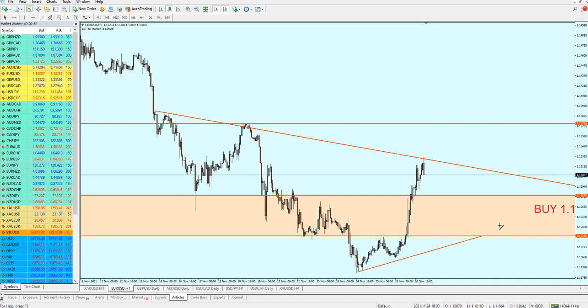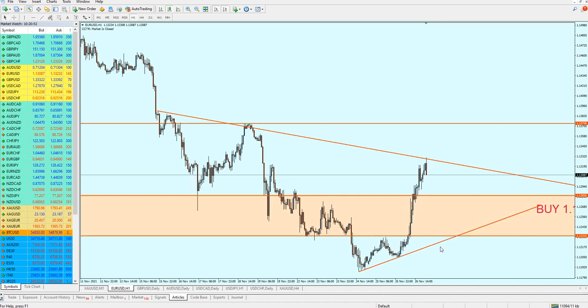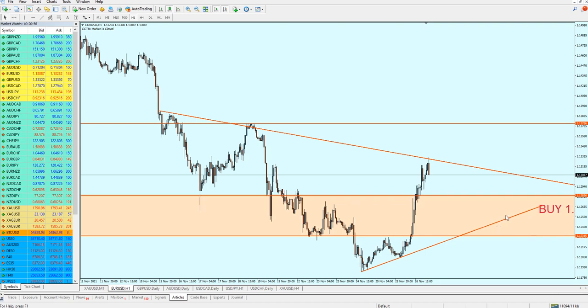The problem here is that the pair still has space. We cannot send the signal like that. Here also it's matching up with it. Support trend line has become resistance trend line.